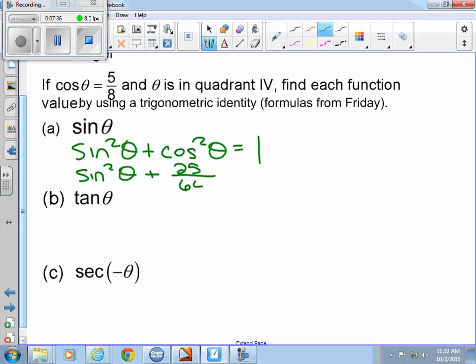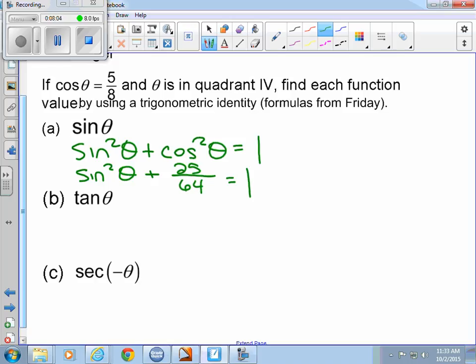Subtract 25 over 64 from 1, and what do I get? How did you get that? Subtract 25 from 64, right? Because 1 is 64 over 64.